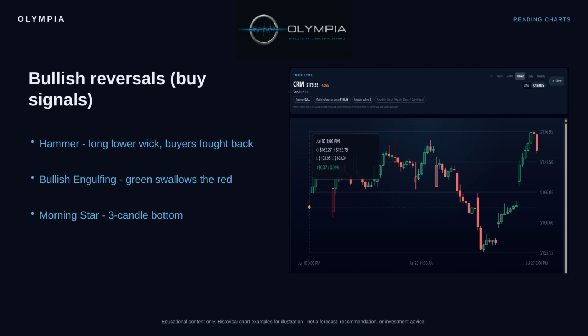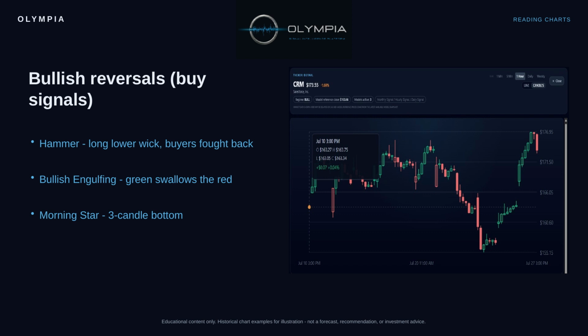Second, the bullish engulfing, 2 candles, where a big green body completely swallows the little red one before it. That's momentum, flipping hard. Sellers, then buyers, right in front of you. And third, the morning star, 3 candles, a long red one, a small hesitant one, then a strong green one. A classic sign a bottom is forming.